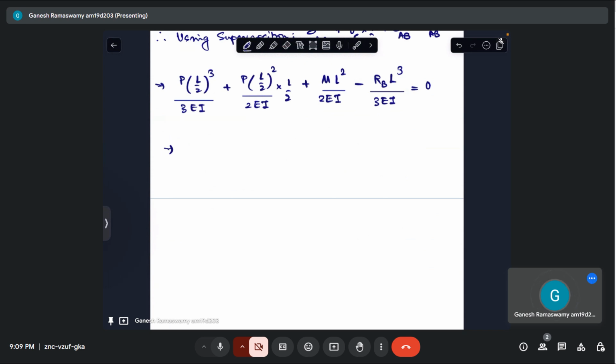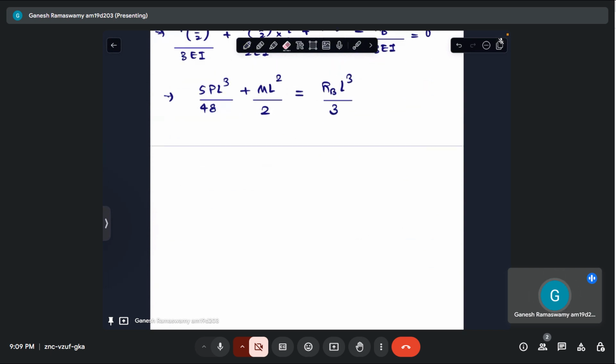So this comes to 5PL cubed by 48 plus ML squared by 2 is actually equal to RB L cubed by 3. So let us remove L cubed from here.